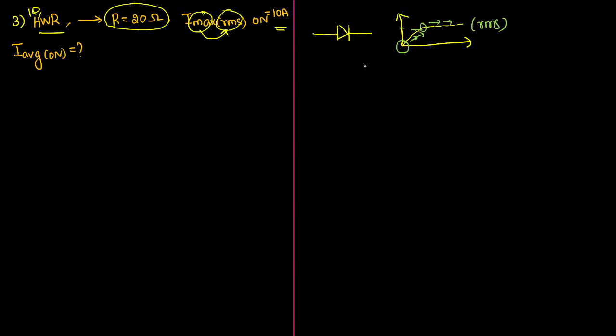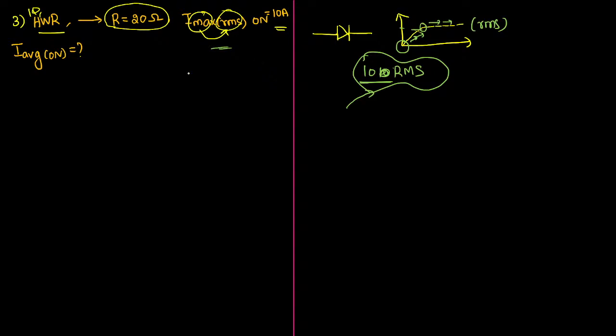If your device has the ability to carry 10 ampere RMS current, the moment you turn on the device, it will not immediately allow this 10 ampere RMS current. Slowly it gradually increases to 10 ampere, but its maximum RMS value is 10 ampere. That is what they are trying to say here. So don't get confused between maximum and RMS. They are talking about the RMS value of the on-state current.